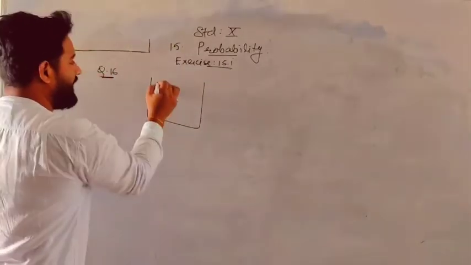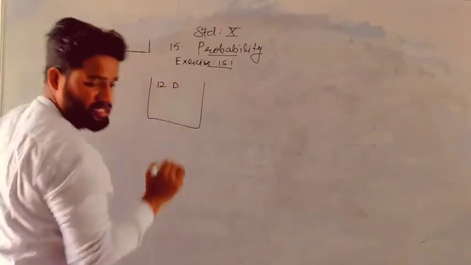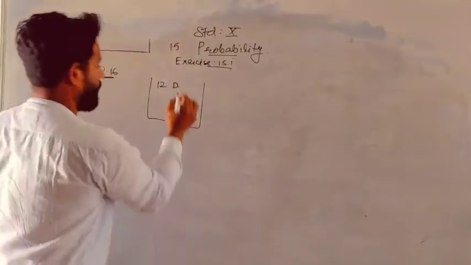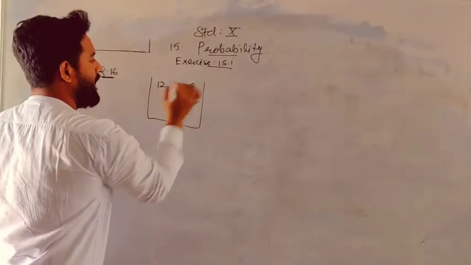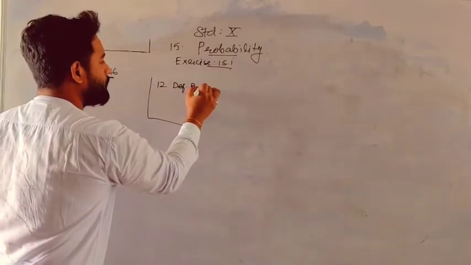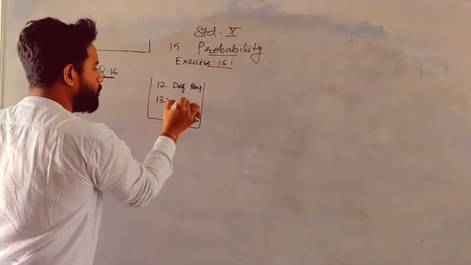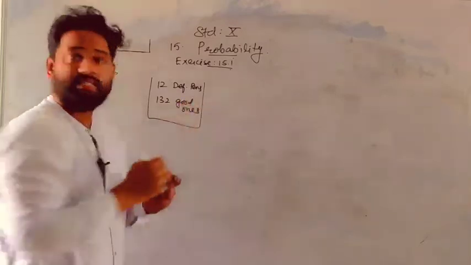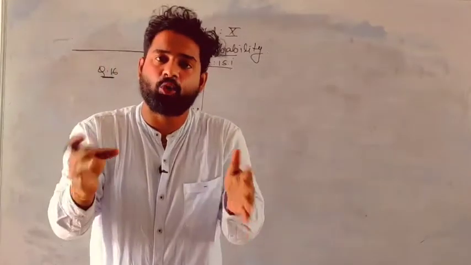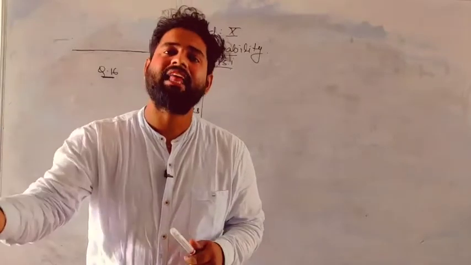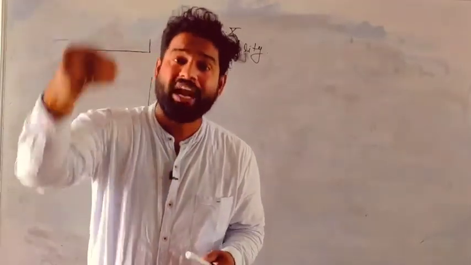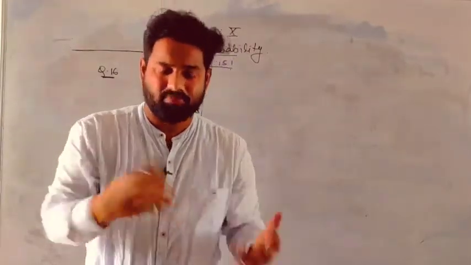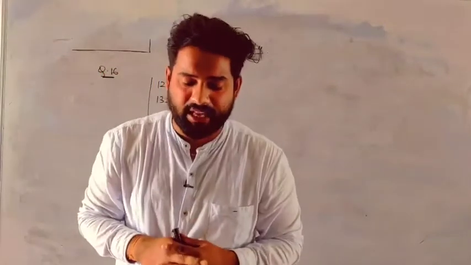In the box, 12 defective pens are accidentally mixed with 132 good ones. Good ones means in a bag already 132 good pens are there, and in that bag 12 defective pens are accidentally mixed up.